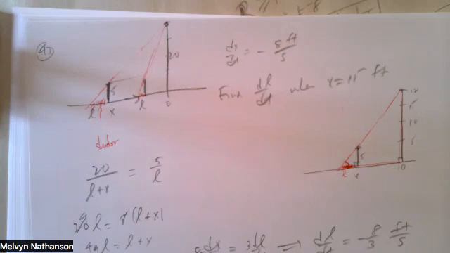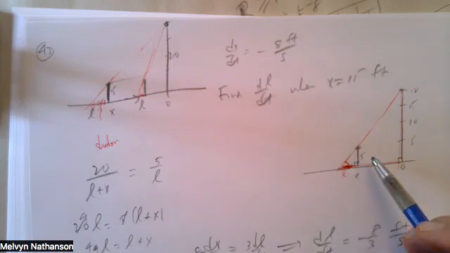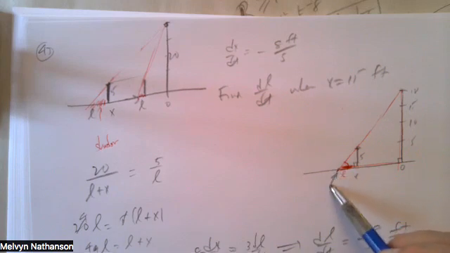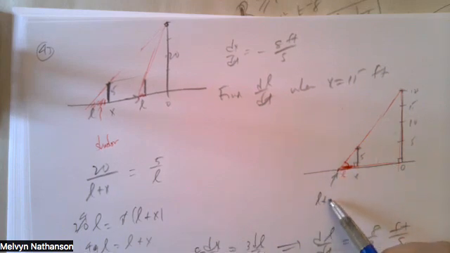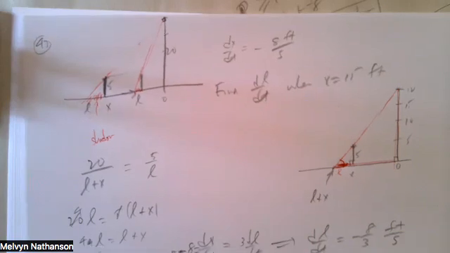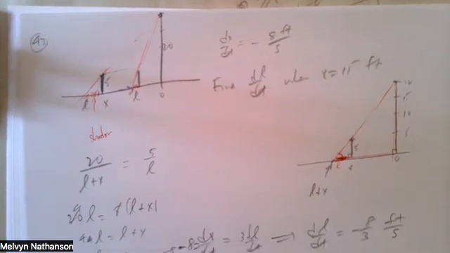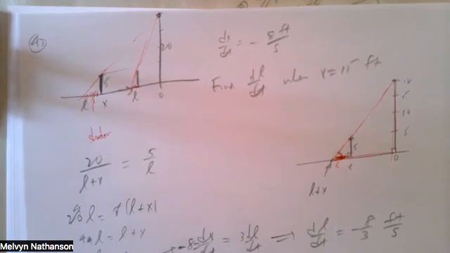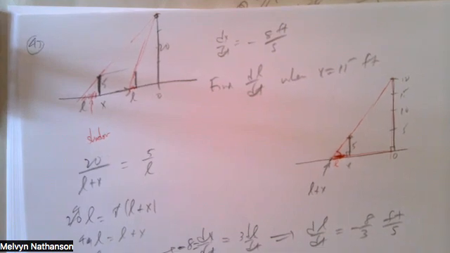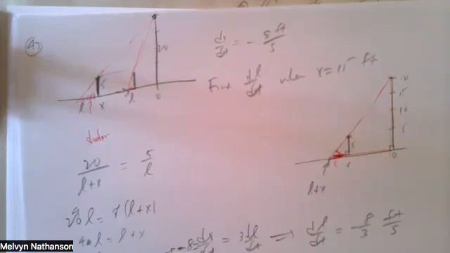At what rate is the tip of her shadow moving? So this is the length, but the tip at this position is L plus x. So the derivative with respect to time of L plus x is the derivative with respect to time of L plus the derivative with respect to time of x.